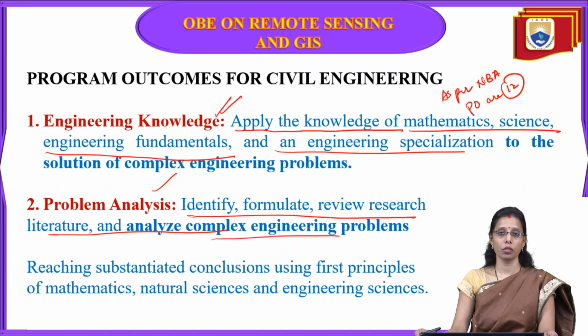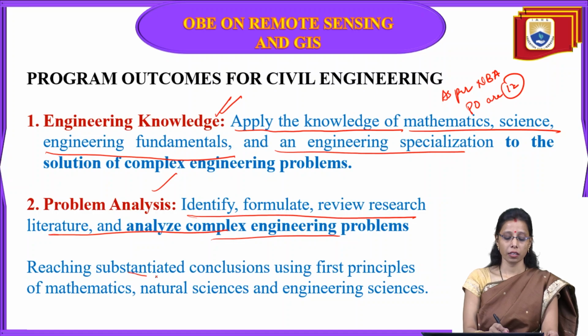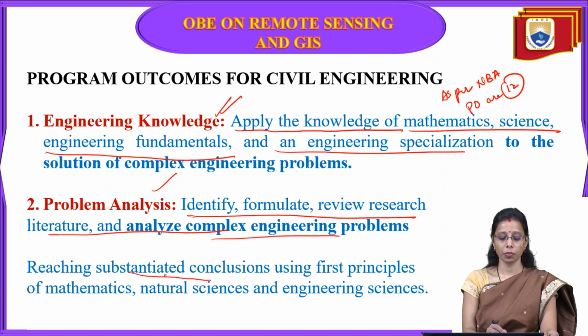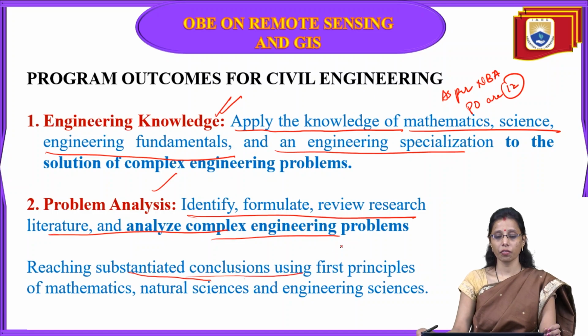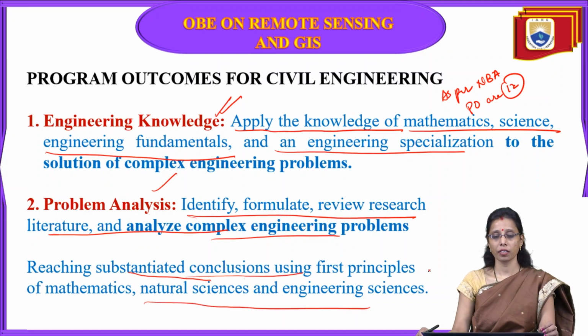Whichever course you find has investigation, identification, where it has to formulate, where it has to review the research literature, where it has to analyze complex engineering problems, reaching substantiated conclusions using the first principles of mathematics, natural sciences, and the engineering sciences.